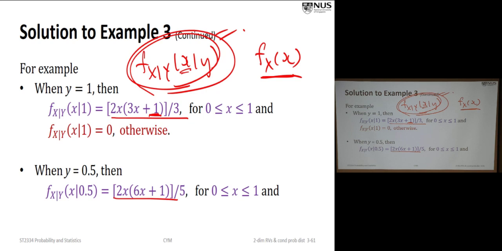Although it's a function of x and y, you must understand that in this expression, y is constant, fixed. Only x is the random variable. So this little x is the value of this random variable, while y is fixed, you cannot change y. Y is fixed at this particular value. So that's what I want you to make clear.